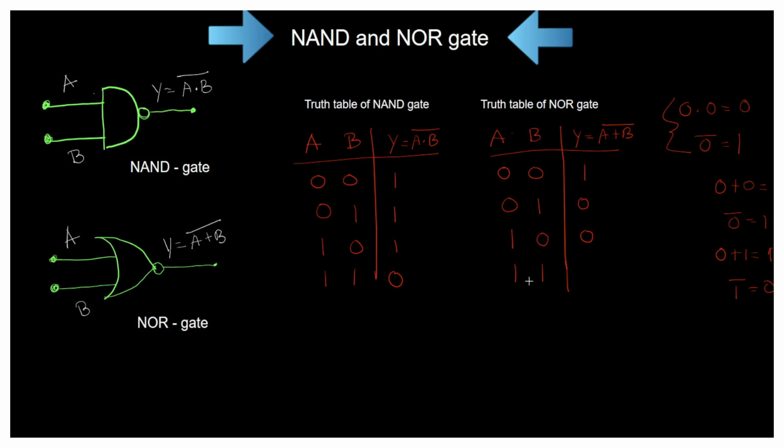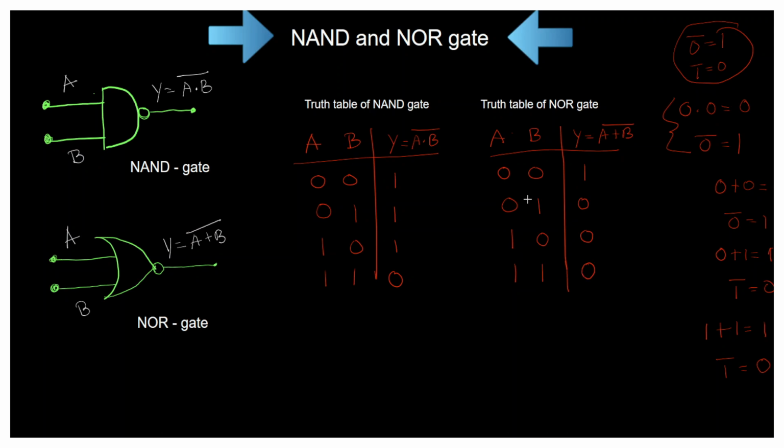Now, the last one, 1 plus 1 equals to 1, but the complement of 1 is 0. So you must remember that the complement of 0 is always 1 and the complement of 1 is always 0.